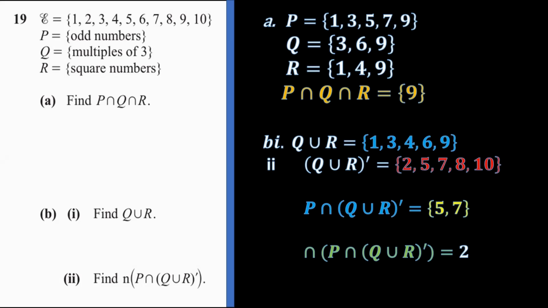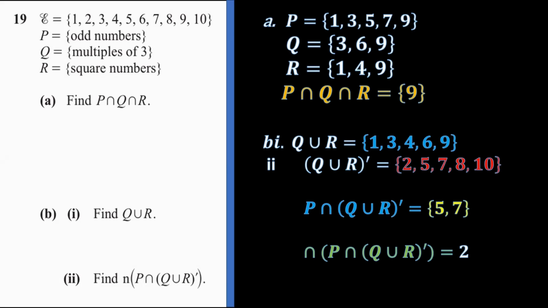We are not going to have something like 1, 3, 4, 6, 9, 9. No, it's a set. The rule of the set is that all the elements must occur once. If there are 3, 4 times, we just pick them once. So the union will be 1, 3, 4, 6, and 9, and that takes care of that part.